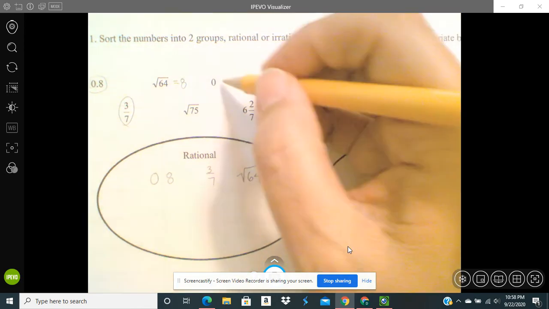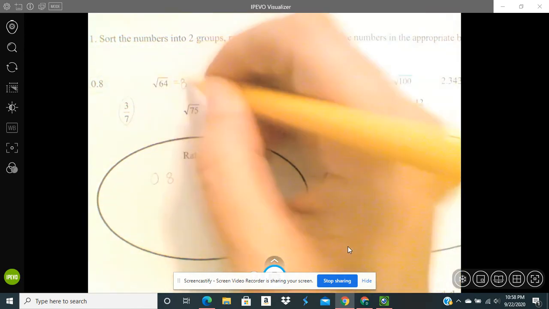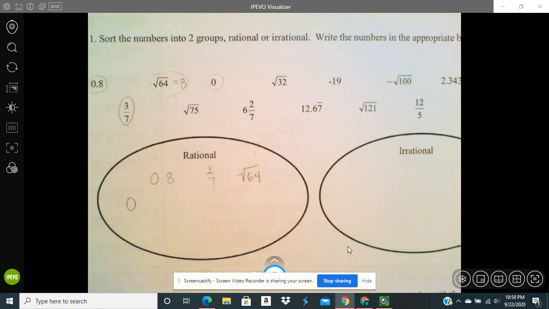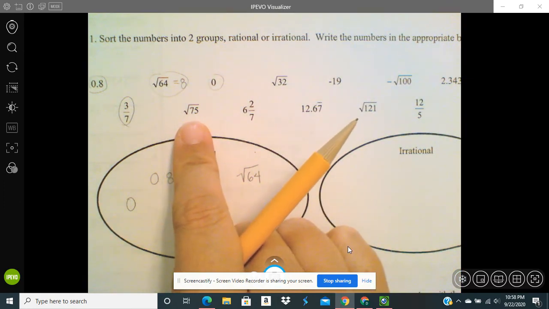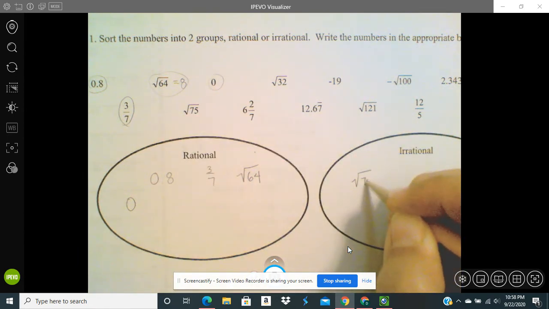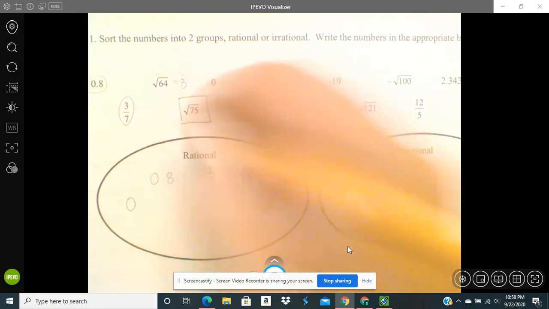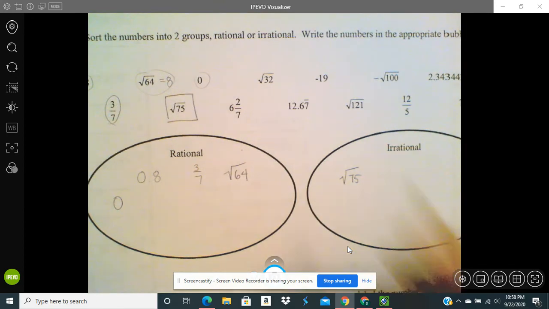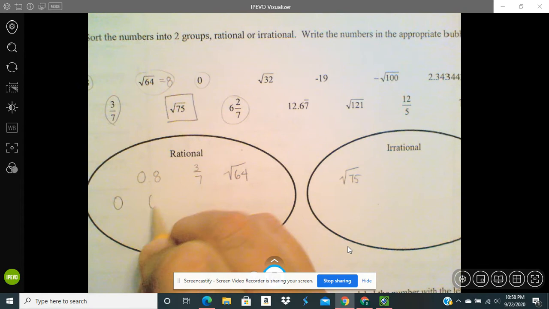Rational. 0 is a whole number. Rational. Square root of 75. 75 is not a square. Therefore, this is irrational. Here, we'll do this. 6 2/7, it's a fraction.